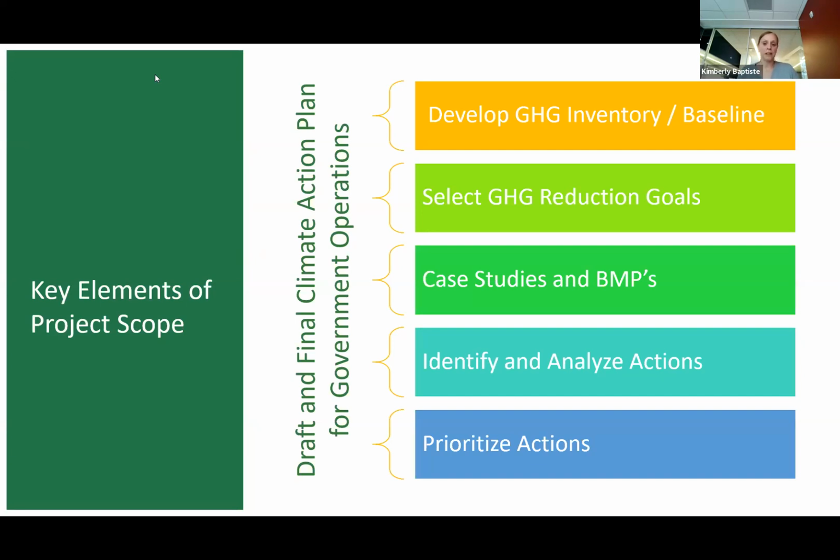So we'll be developing a series of recommended actions. We'll be looking at case studies and best management practices and sharing those with this group as we move forward and start to look at the impacts of different actions on achieving those goals. And then that will come into play when we prioritize actions. And I'll talk a little bit more about that in just a minute.